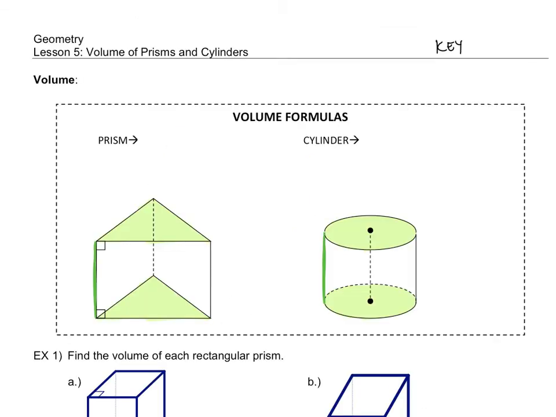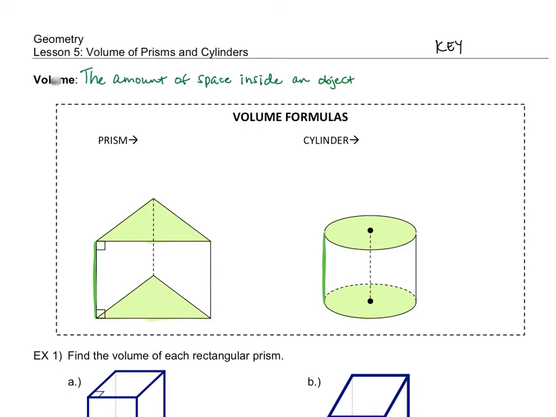Let's start looking at just the general definition of volume to start off what we're looking at in this next couple of lessons. So we're really looking at the amount of space that's going to be inside an object. So let's go ahead and write that down. So it is the amount of space inside an object.